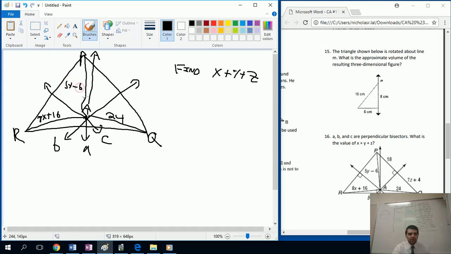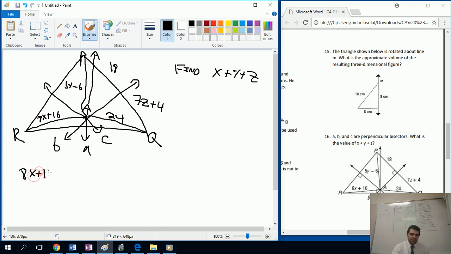I'm just copying the problem here, but I'm modeling how you can diagram this on your own paper. This value is 18, this value is 7z plus 4. Alright, let's start with finding out the things we need to know.